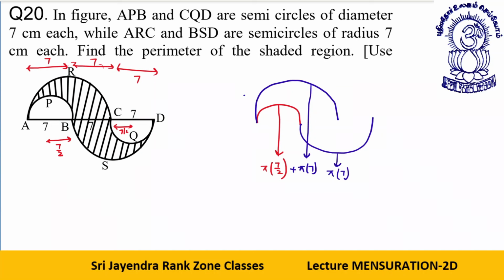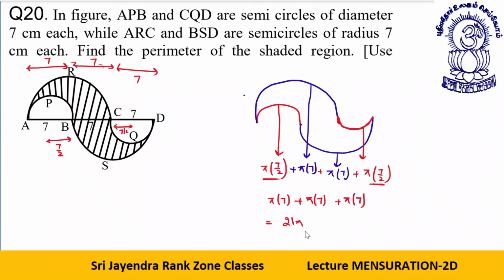In the end, I take this portion again, the perimeter of this will be pi into 7 by 2. So there are two half pi's, and I get pi into 7 three times. So 21 pi is your answer.